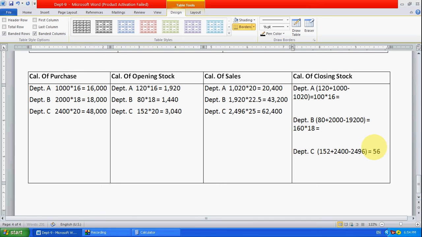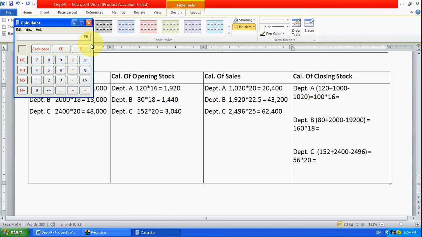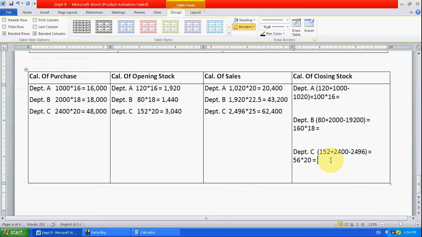Remaining 56 into how much? 20 rupees is the price. So write here the amount. 56 into 20, how much are we getting? 1120. So right here 1120.